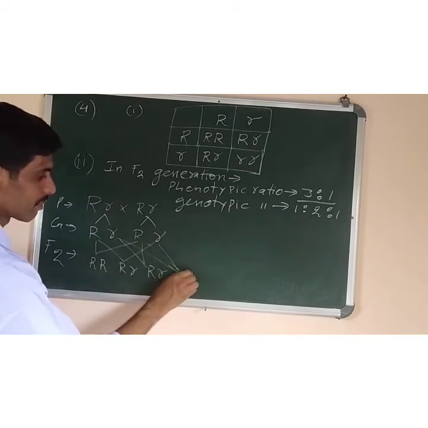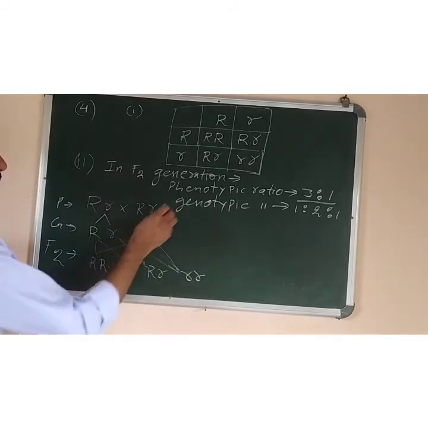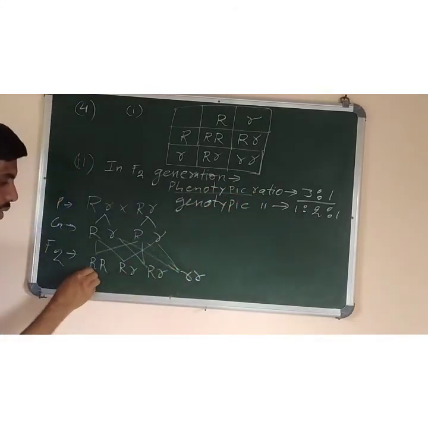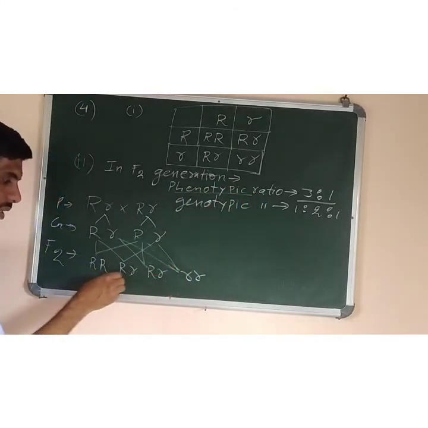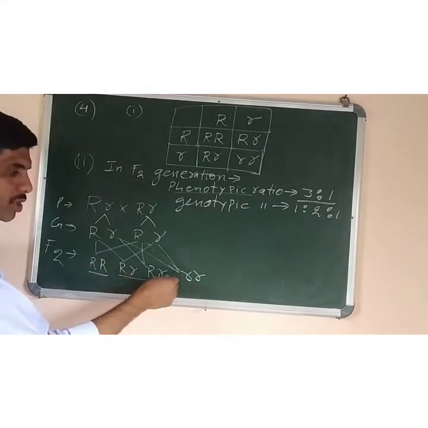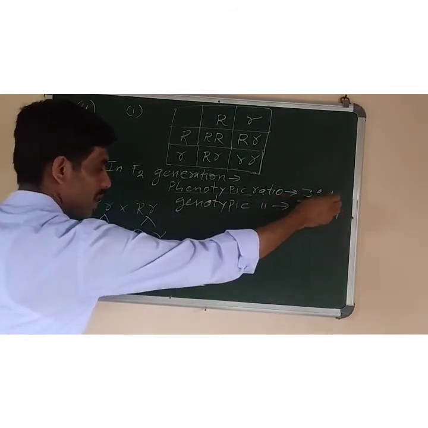So phenotypic ratio means all the first three plants are tall. This is homozygous tall, these two are heterozygous tall, and this one is dwarf. So 3 are tall, that's why 3:1 is dwarf.